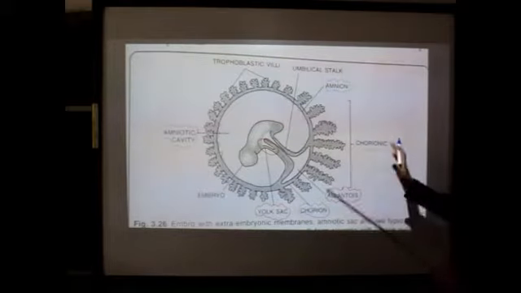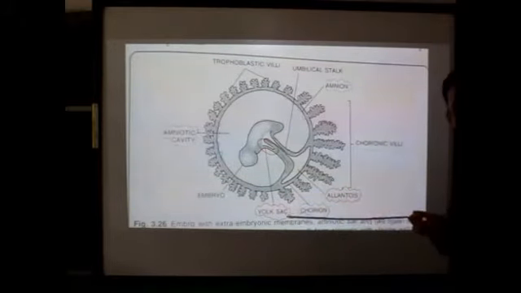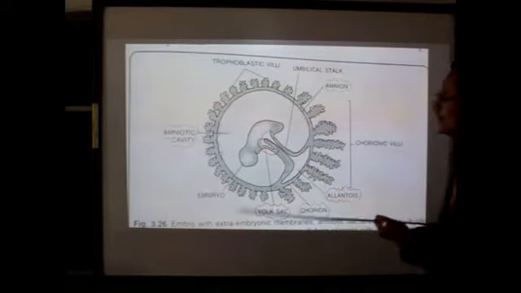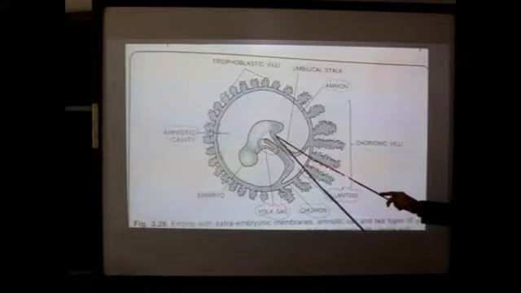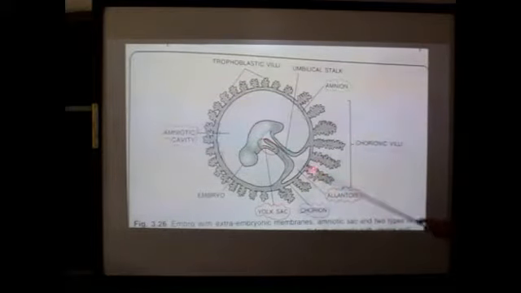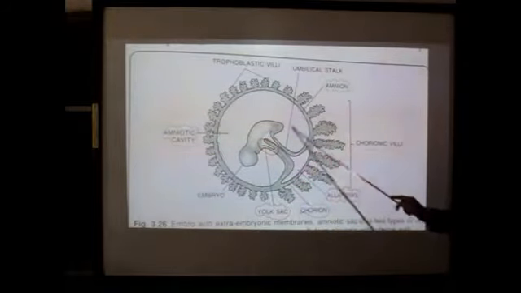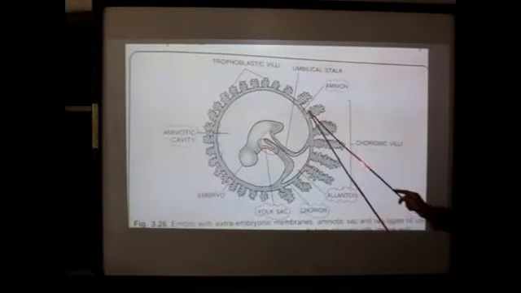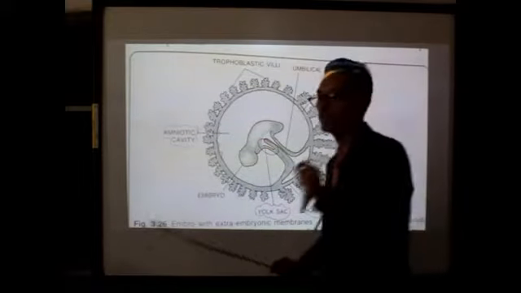So these are the different structures of the extra-embryonic membrane or fetal membrane. This is the embryo part, this is the yolk sac. The embryo is covered by a thin transparent layer called the amnion, and the entire structure is protected by the chorion. And we will find the chorionic villi over here, which will give rise to the placenta.